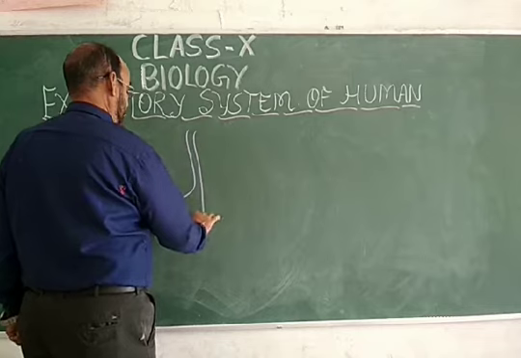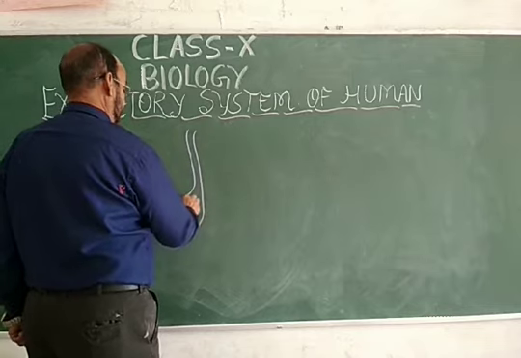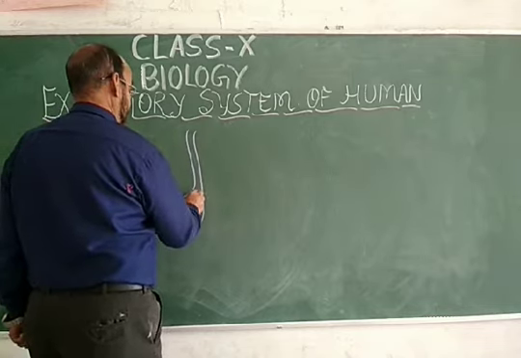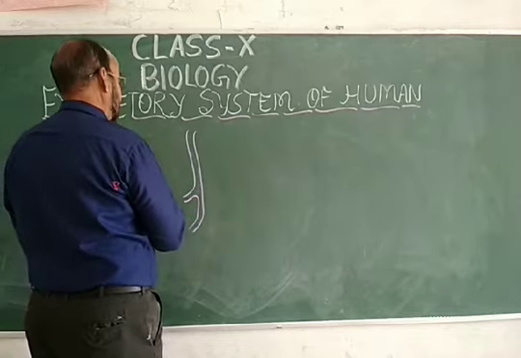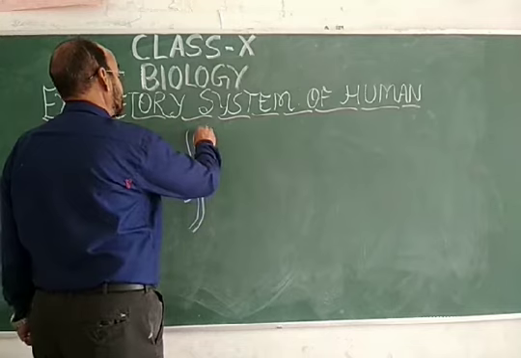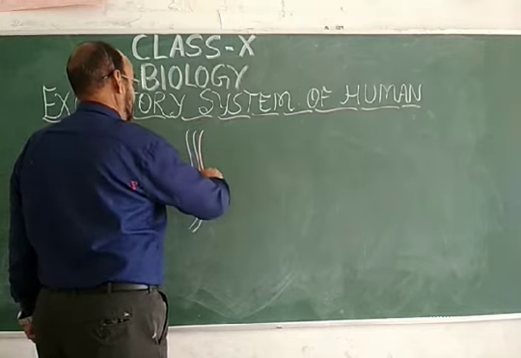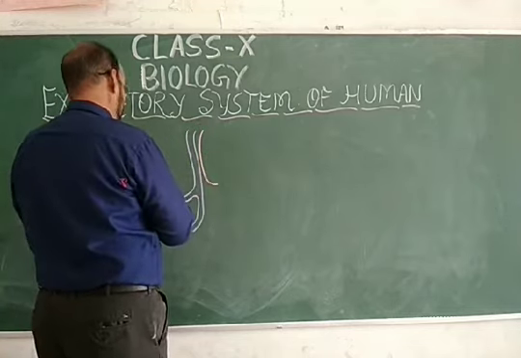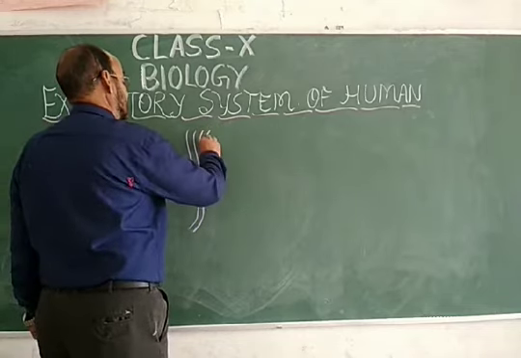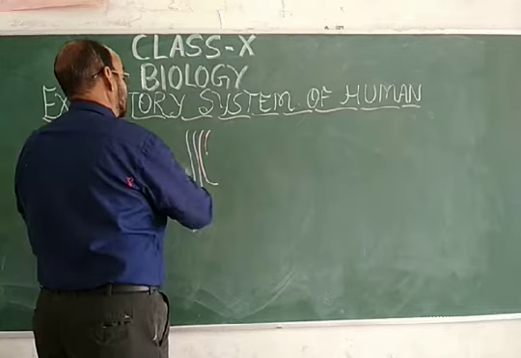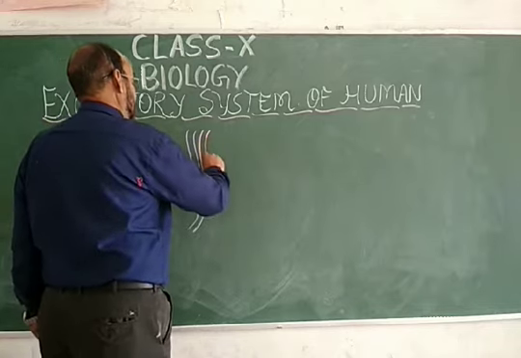So this is the renal vein, and this renal vein along with the renal artery is inserted into the pair of kidneys.